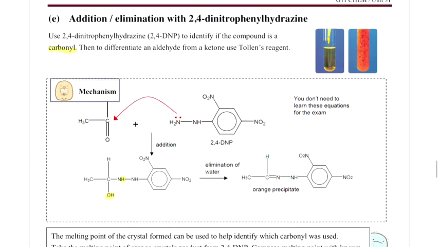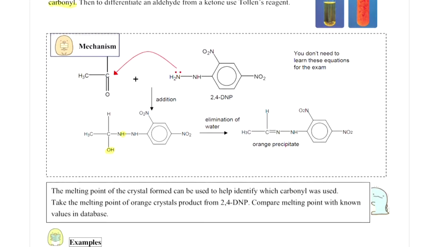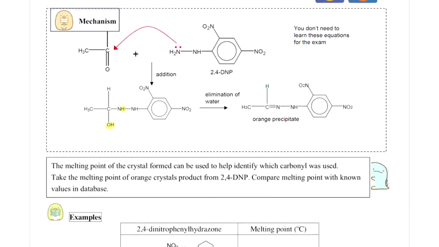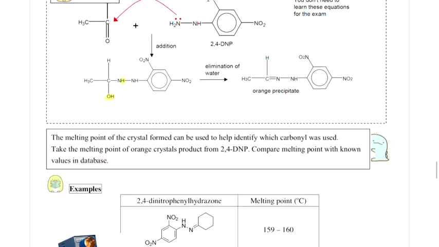For this part, the most important information you need to remember is that the melting point of the crystal formed can be used to help identify which carbonyl was used. If we measure the melting point of the crystal formed from 2,4-DNP, then we can compare the melting point with known values in the database and work out which compound is formed.